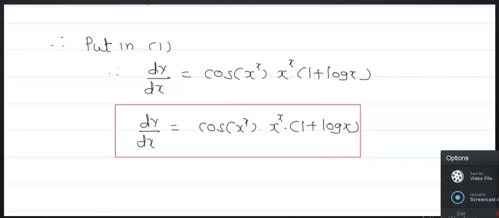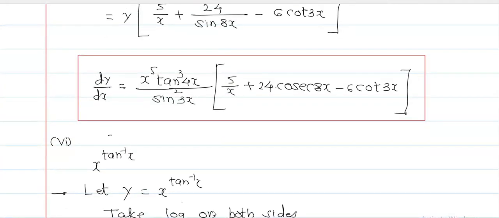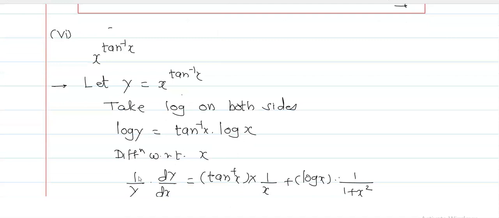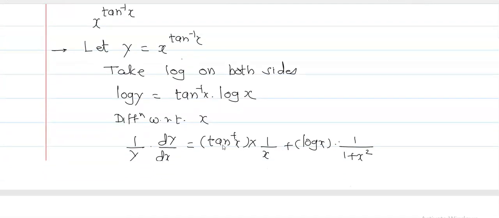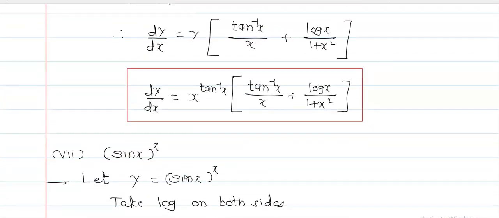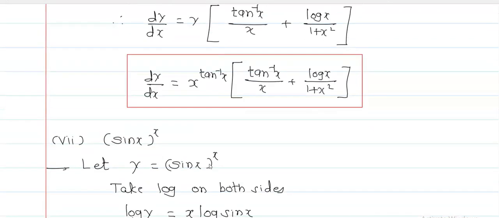y is equal to x raised to tan inverse of x. Next, log of y is equal to tan inverse of x into log of x. Differentiate this. We have completed this, dy by dx. Sin of x raised to x.